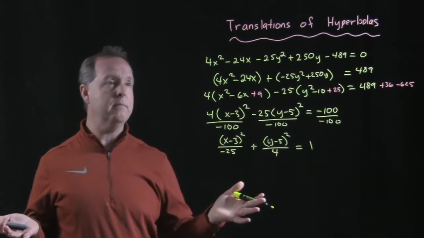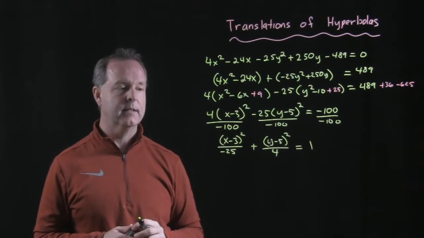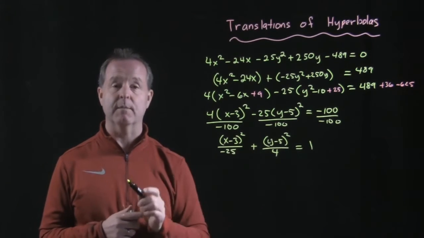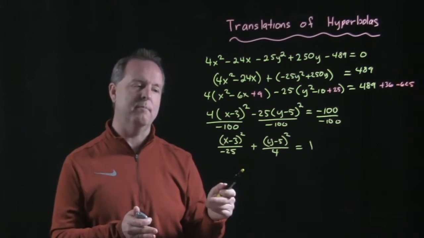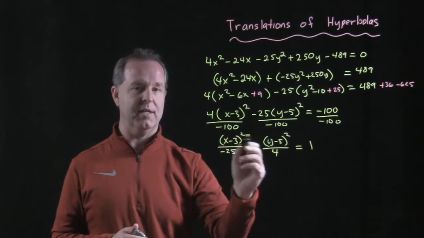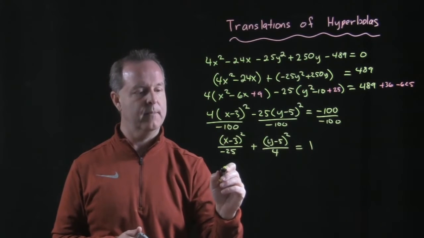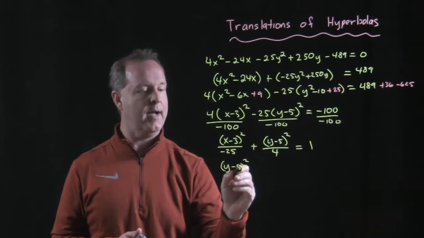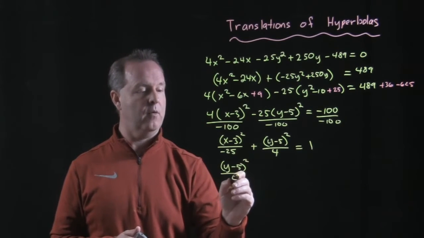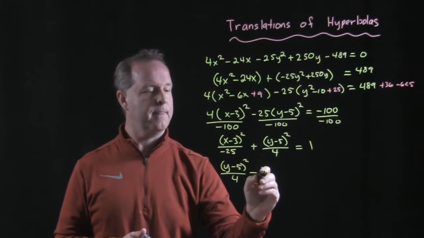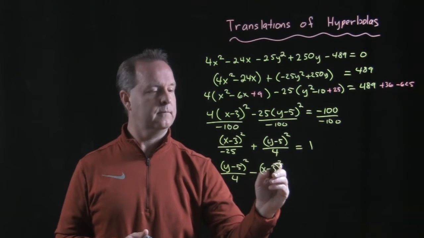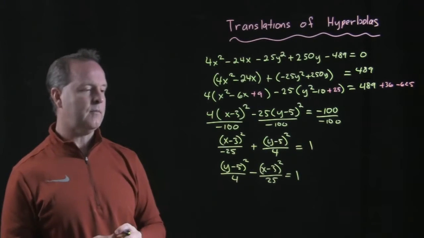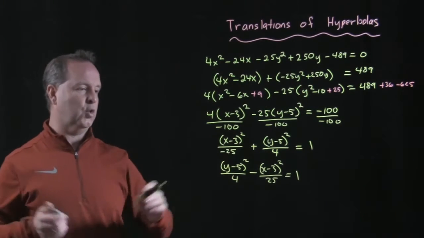All right, standard form, equation of a hyperbola. Almost. Notice that my first term is negative and the second term is positive. We want the first term to be positive, so I need to switch these two around. The commutative property of addition allows me to rewrite it as (y minus 5) squared over 4 minus (x minus 3) squared over 25 equals 1. There we go. Now all is good.